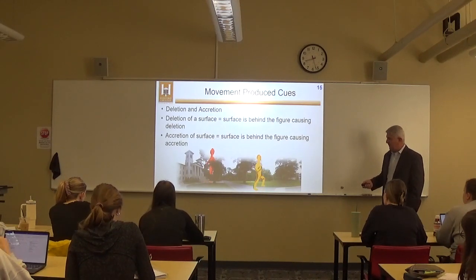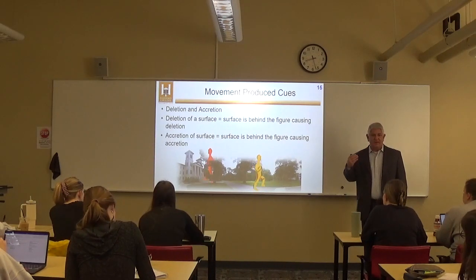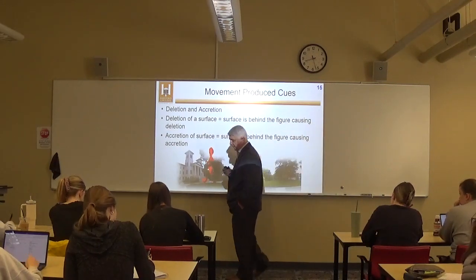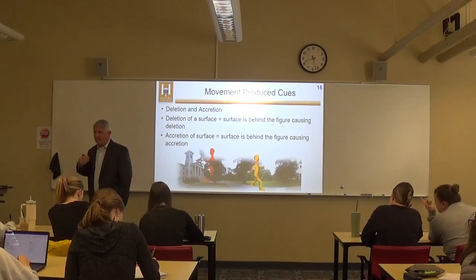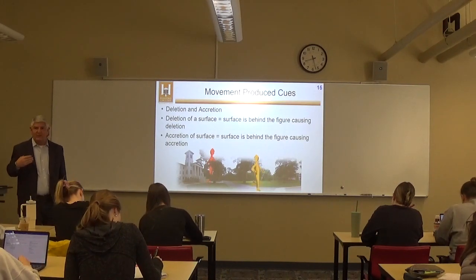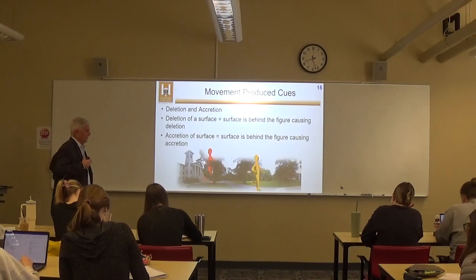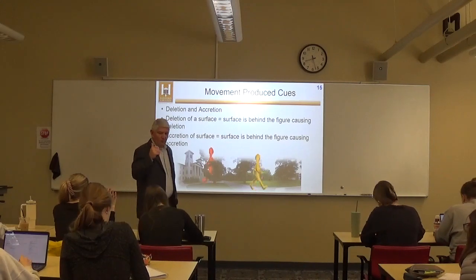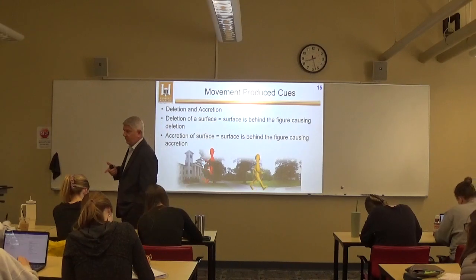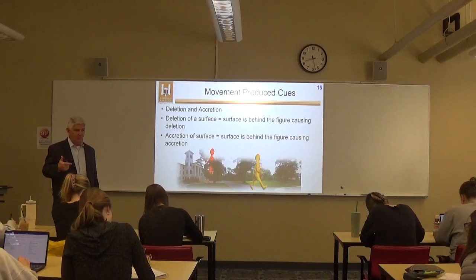So when we add movement, the fact that parts of the picture are being included and not included, which is what we call accretion and deletion, gives us that depth perception. It lets us know where objects are relative to each other. So, accretion and deletion and motion parallax are two movement depth cues that we have to have movement in order for those to work. Yes, sir.